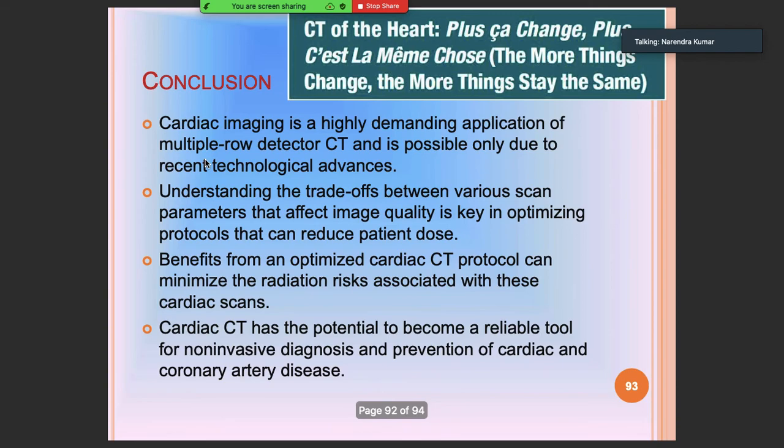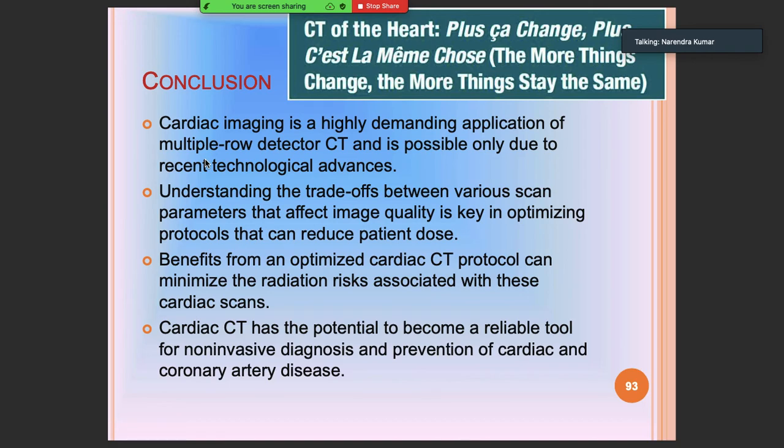So, to summarize, it's a great tool, especially whenever we expect dependability for detecting coronary artery disease or cardiac disease in a non-invasive way. An amazing tool, I would say.